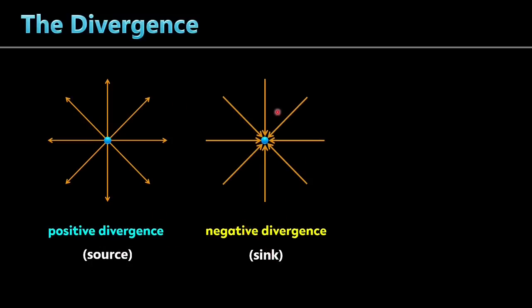So, ang halimbawa niyan is kapag meron kang bola, no? At yung bola ay may butas. So, kung ikaw ay nasa labas ng bola, ang tingin mo, yung butas na yun, may lumalabas na hangin. So, the divergence of the velocity vector at that point, which is yung butas, is positive. Kasi ang tingin natin, may lumalabas na hangin doon. Pero, kapag ang point of view mo, nasa loob ka ng bola, no?